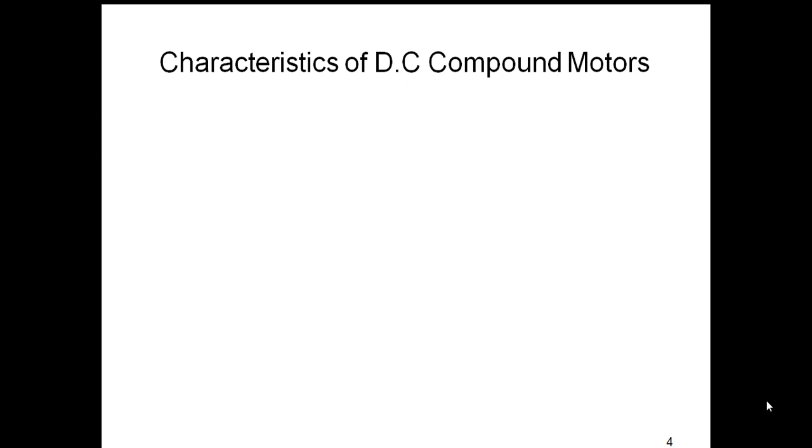One is long shunt DC compound motor or cumulative compound motor, and short shunt DC compound motor.